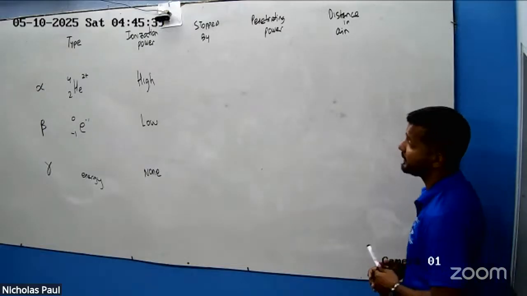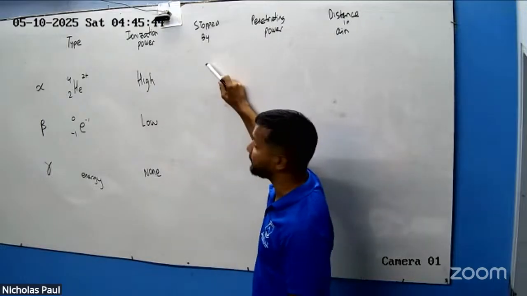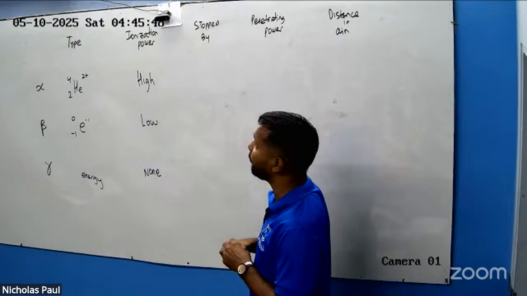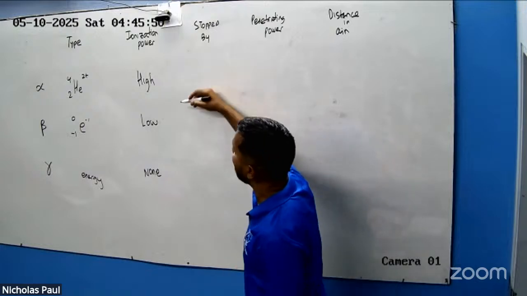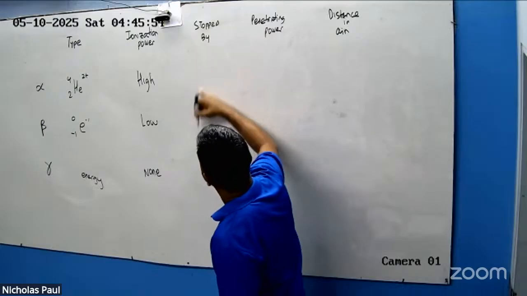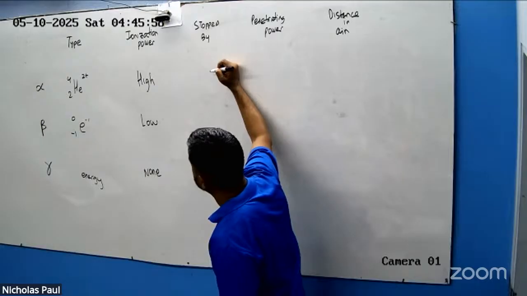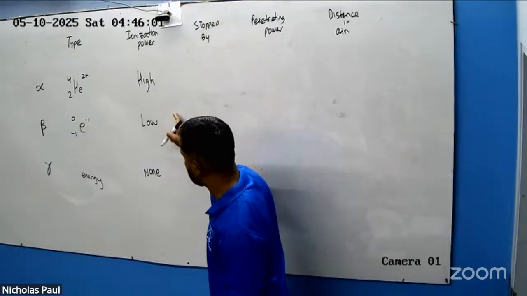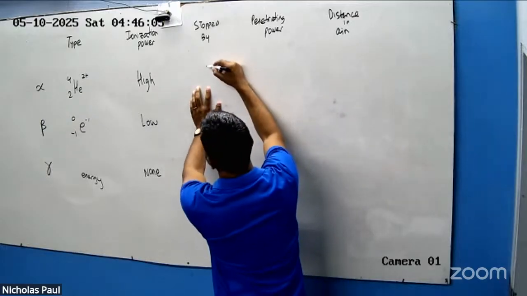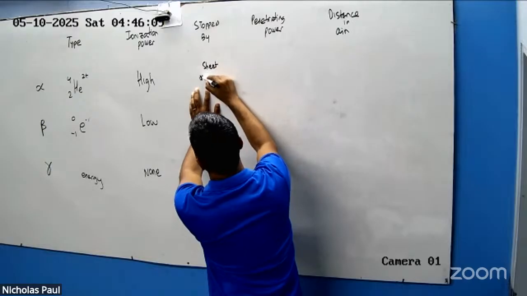Alpha, beta, and gamma can be stopped by different materials. If you read your handout for homework, you will see that we can stop alpha by a sheet of paper.